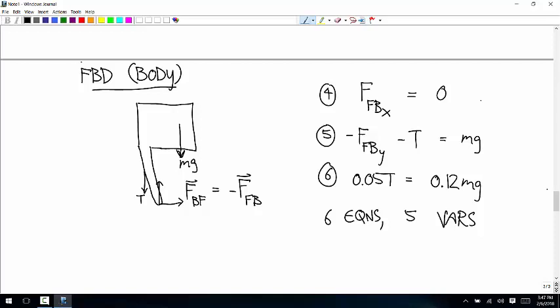So now equation 6 tells us that T, that's the tension in the Achilles tendon, and also in the 2 muscles that attach to the Achilles tendon, is equal to 0.12 mg divided by 0.05, or in other words, 2.4 mg.